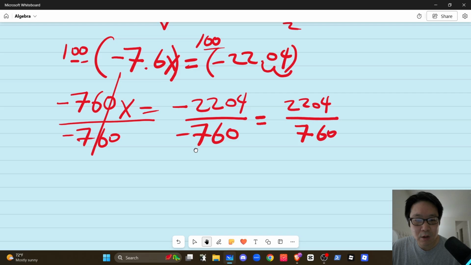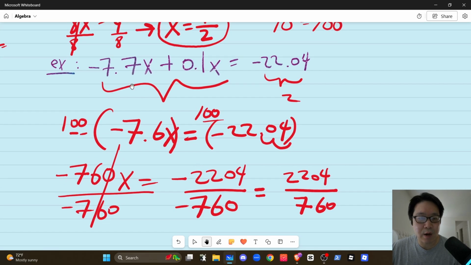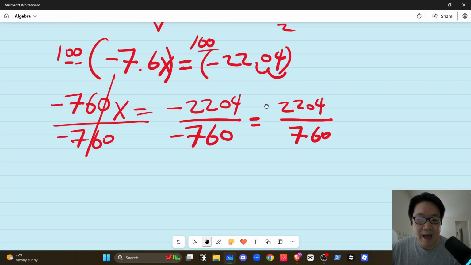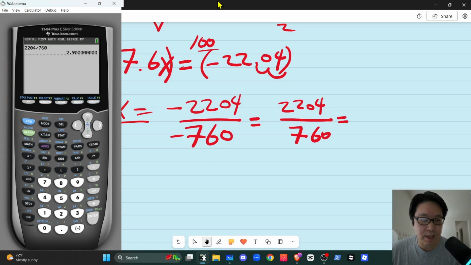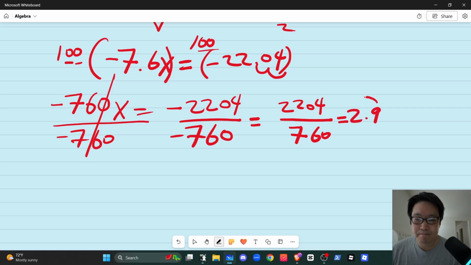However, in this instance, since our coefficients in this equation involve decimals, we can have our answer in decimals as well. So when we divide 2204 by 760, we get 2.9. And that's our answer.